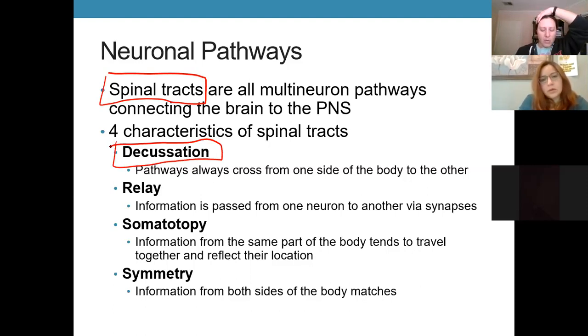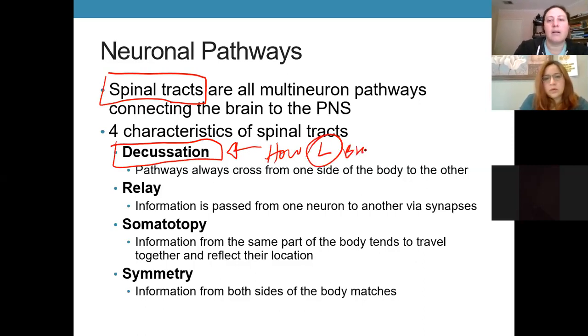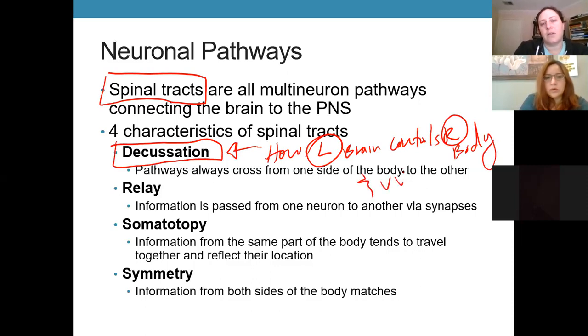And all the motor information out from the right side of your brain has to cross over to get to the left side of your body. The process of crossing over is called decussation. This is how your left brain controls your right body, and vice versa.